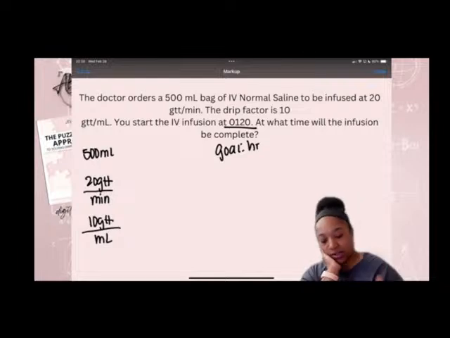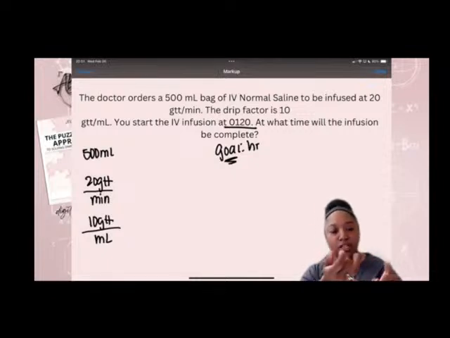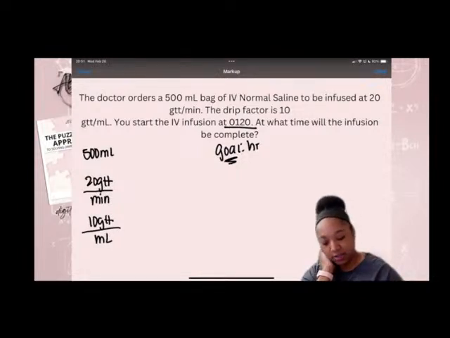Boom. So remember, for all of the questions that we're doing, we always start with the goal. Your goal is your best friend. It's gonna guide you, get your puzzle pieces, help eliminate fluff, and help you set up the equation. So if we're looking for hours, that's what we want to start with. Do we have any puzzle pieces with hours in it?